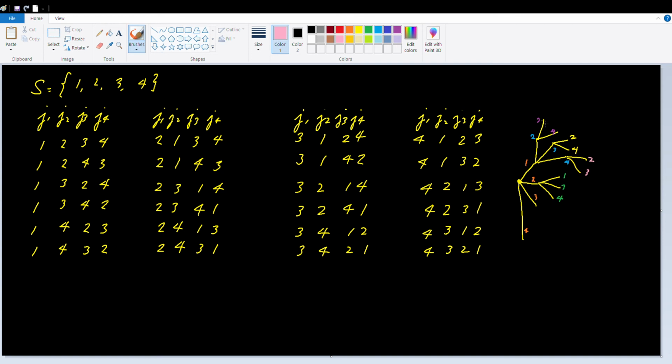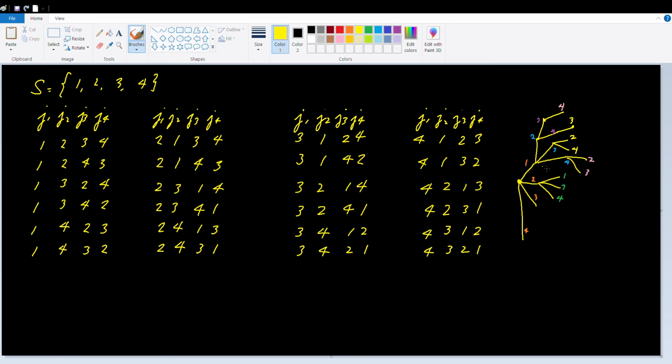And then finally, for this route, 1, 2, 3, there will be one choice, and that will be the number 4. For the next one, 1, 2, 4, it will end at 3.